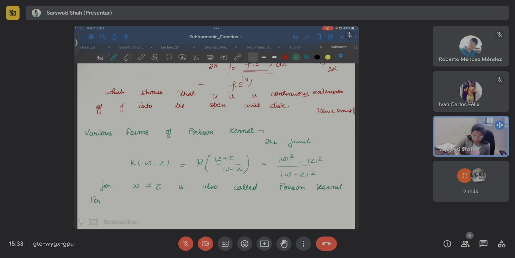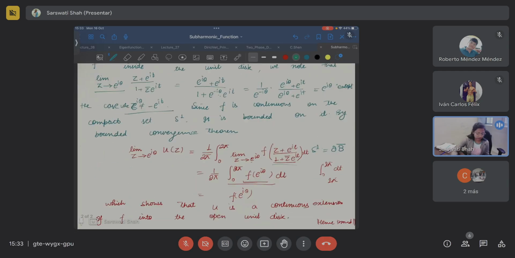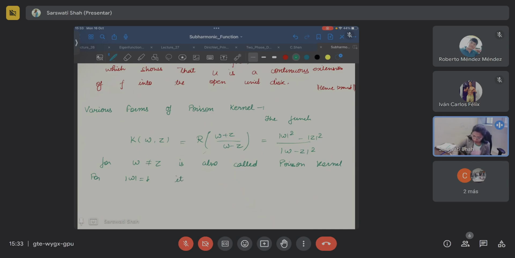Let's take a very simple case, for modulus of omega equal to 1. It takes the form k of e to the power iota theta comma z equals 1 minus modulus of z squared over modulus of e to the power iota theta minus z squared.